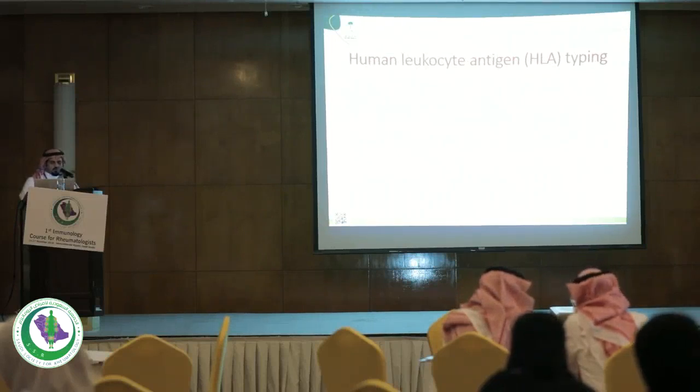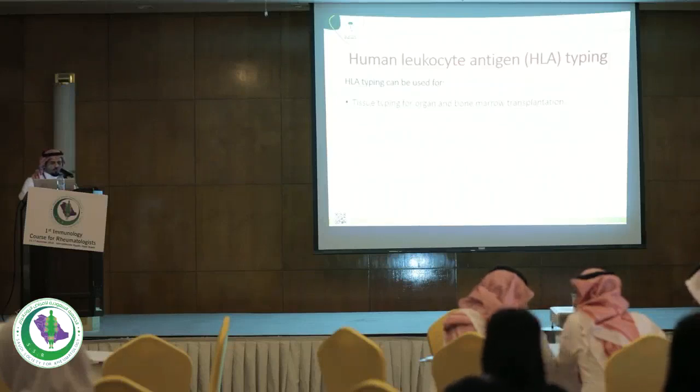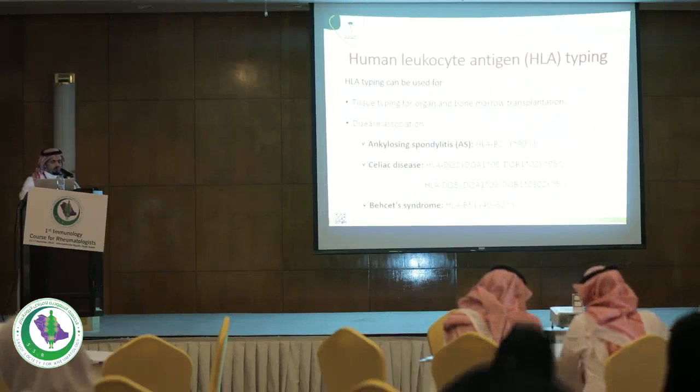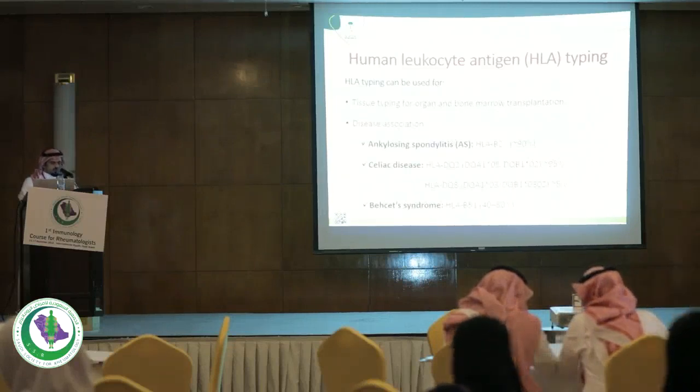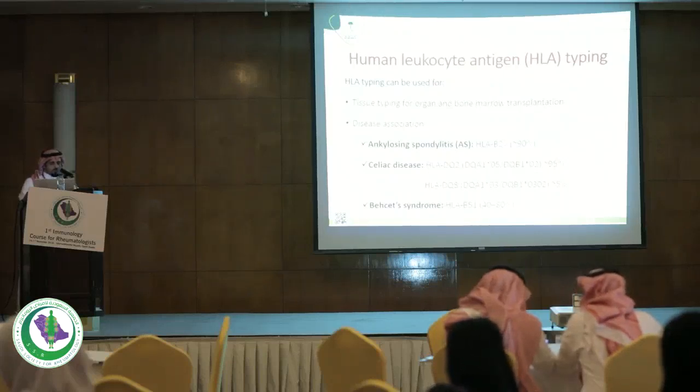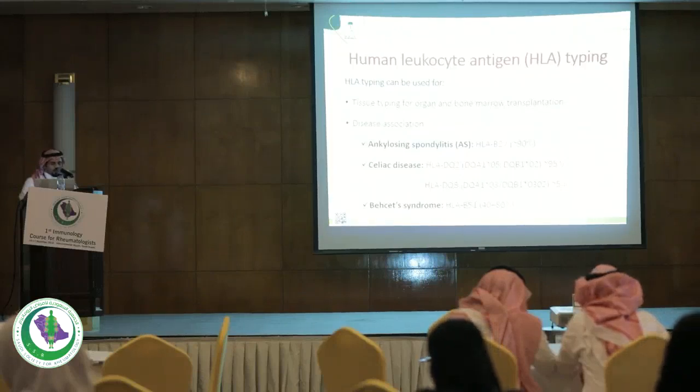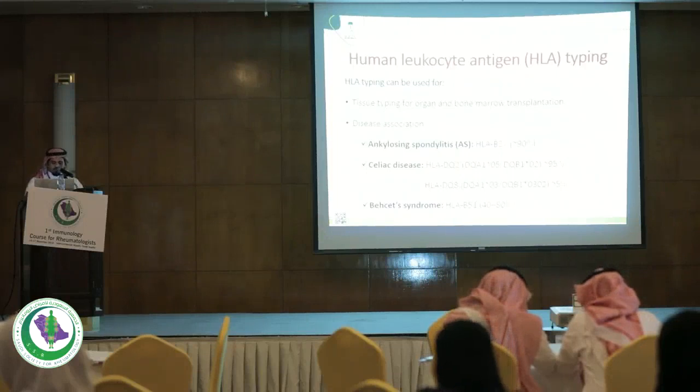HLA typing can mainly be used for tissue typing for organ and bone marrow transplantation, and it is also used for disease association, such as HLA B27 for AS, which can be found in around 90% of these patients. It can also help diagnose celiac disease, with DQ2 or DQ8, and Behçet disease, which is HLA B51.